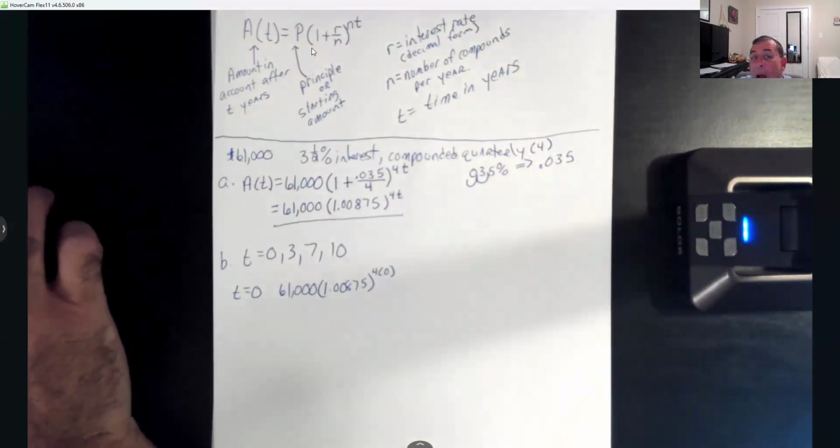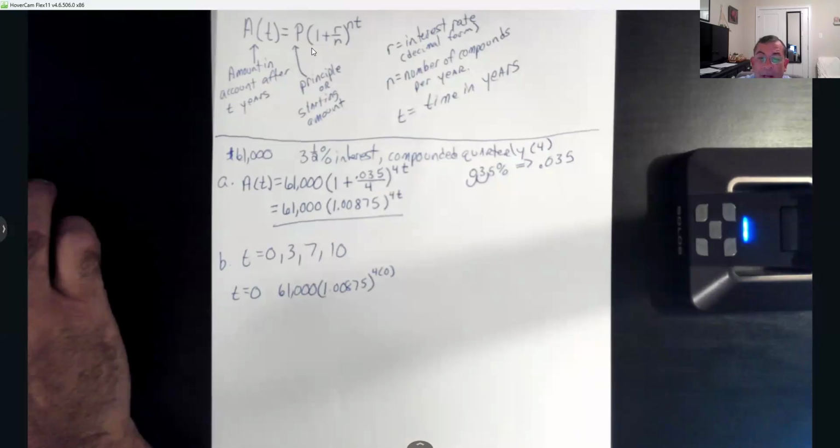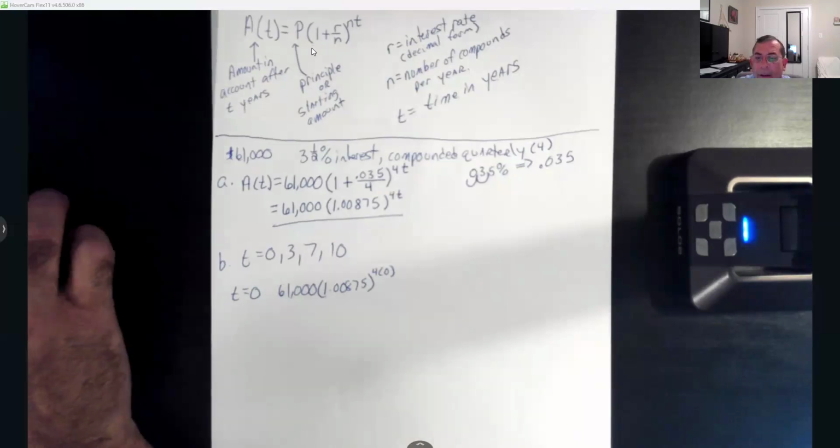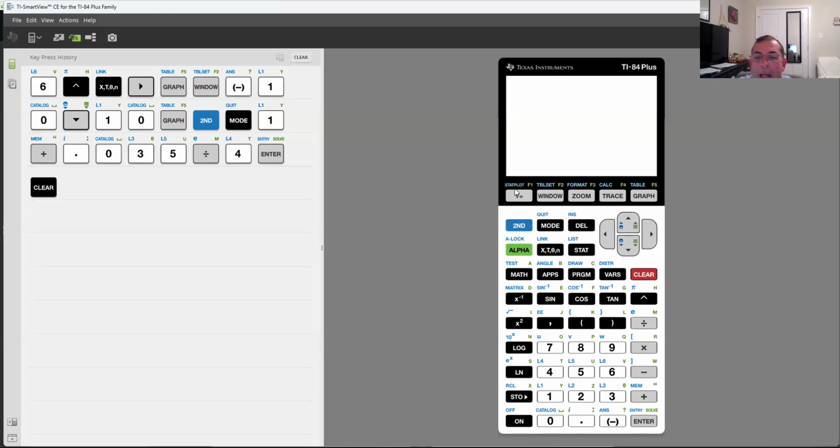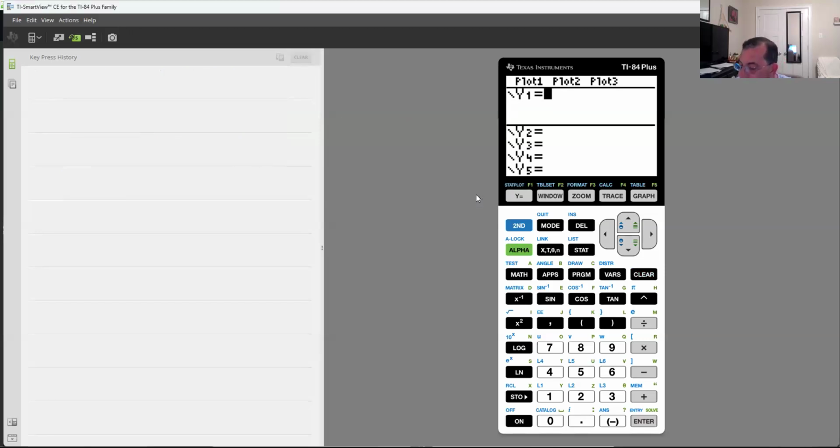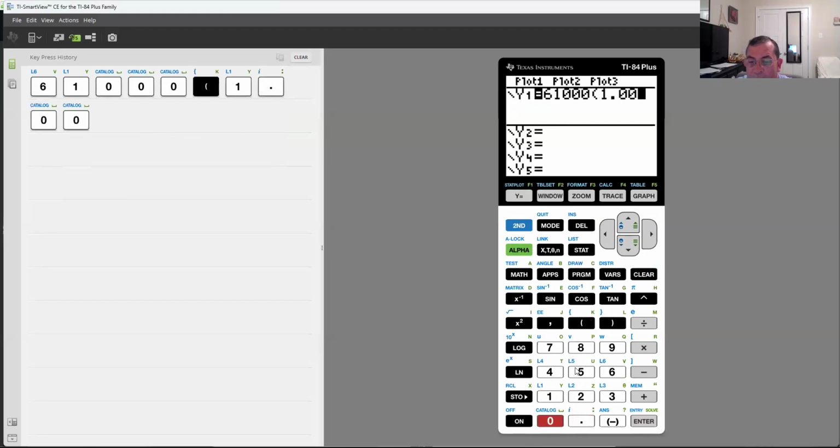I'm going to show you the quick way I would do this is on my calculator. And I would go to y equals. And y'all, I'm going to put my function in here, 61,000, and then have parentheses 1.00875, close parentheses.